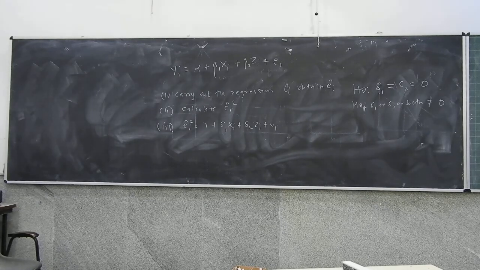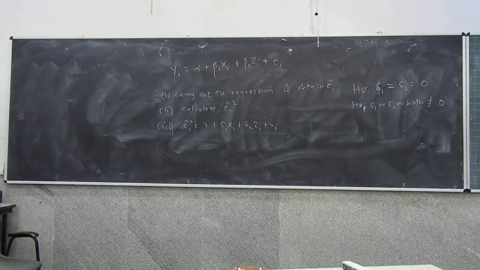Now there are two ways in which you can test. If you know that the error term is normally distributed, then this is actually an F test. Have you done this in a multiple regression model, testing for coefficient restrictions? I'll do that with you after a few minutes. Delta 1 and delta 2 equal to 0 would normally be an F test if the error term is normally distributed.